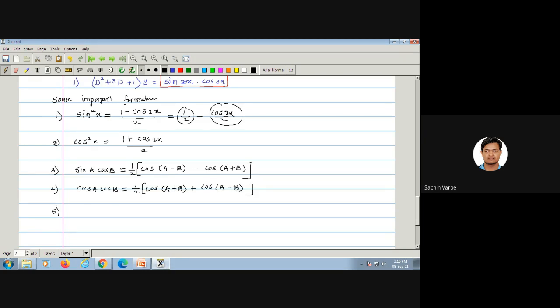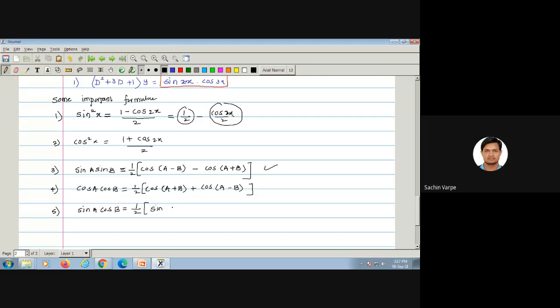And one more formula we can have in terms of sine A sine B, that is half of cos of A minus B minus cos of A plus B. And what about cos A sin B?